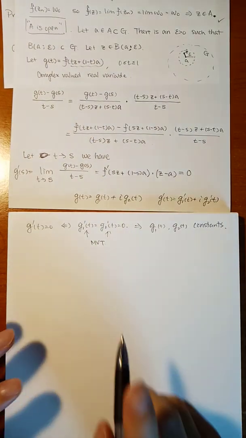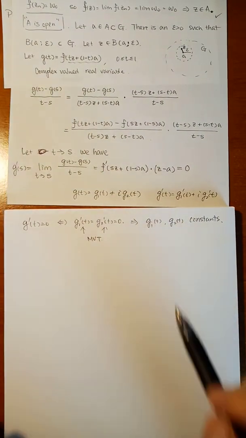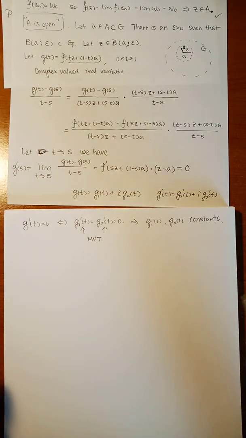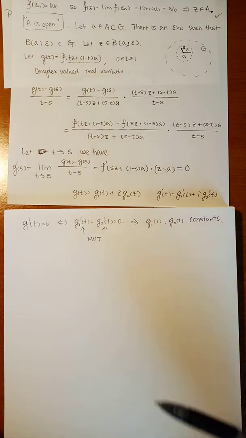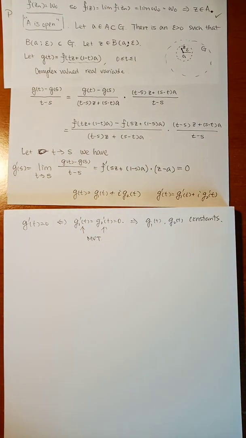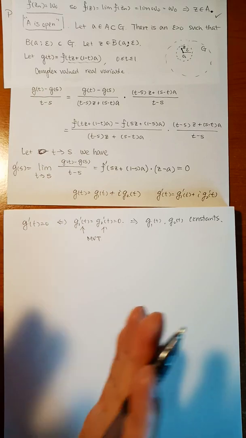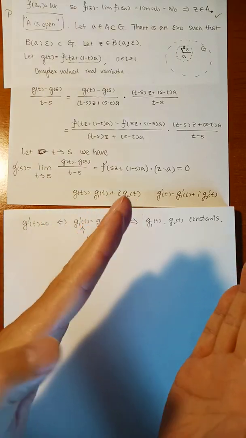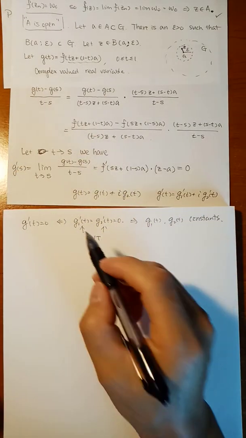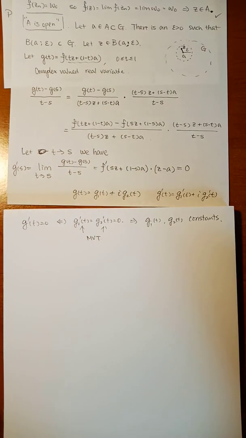For the mean value theorem, the important thing is that the input should be a real number. Originally, we said we don't have the mean value theorem because that's not a real variable. It's a complex variable, not a straight line. Here we have a straight line because the input is a real variable. Even though the output is a complex variable, it's just two-dimensional, you just have more component functions.